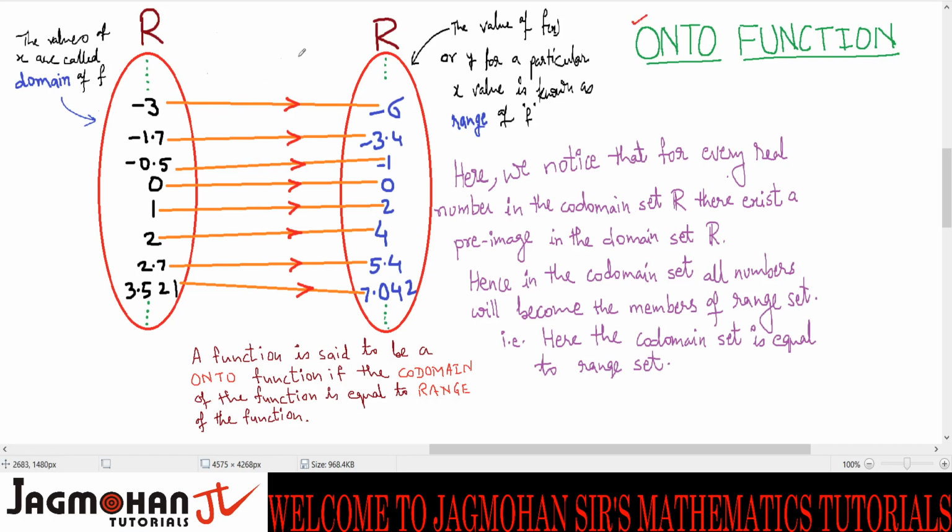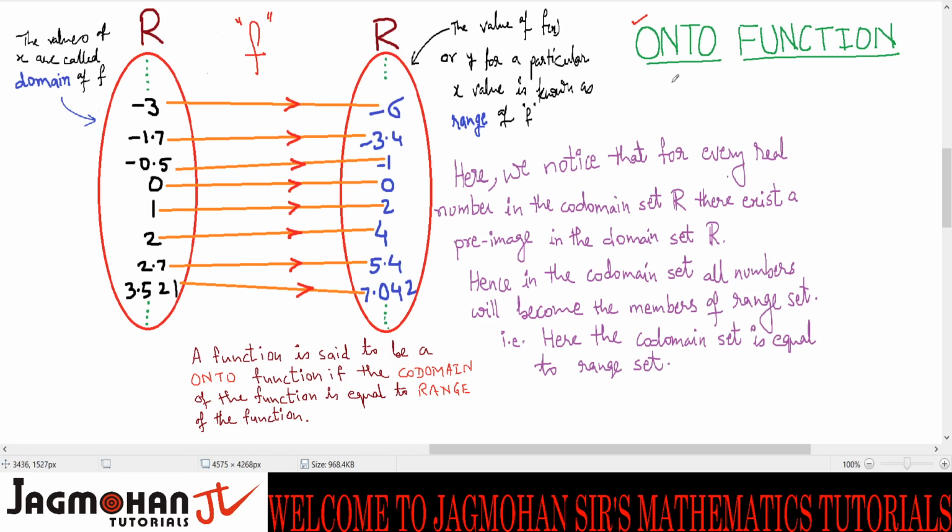Before that, let me tell you something about this function. This function here, which is denoted by f, what is the function? Every number from the domain set is doubled and you get the range set.